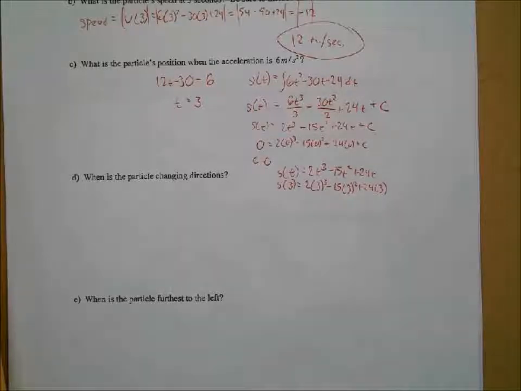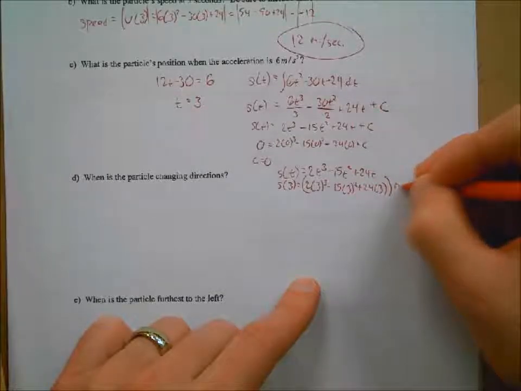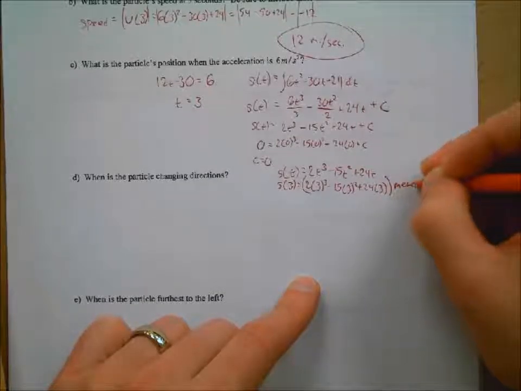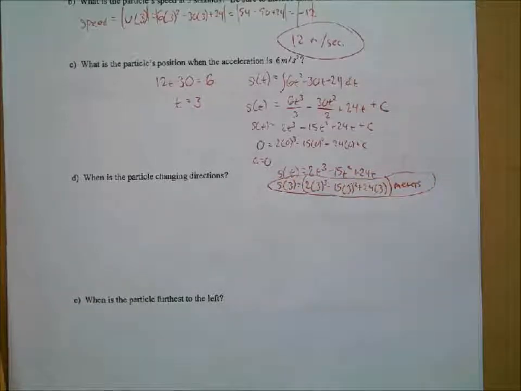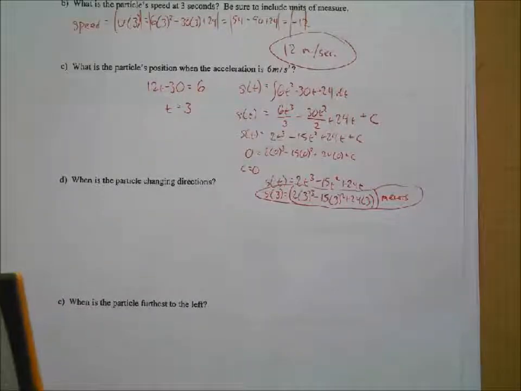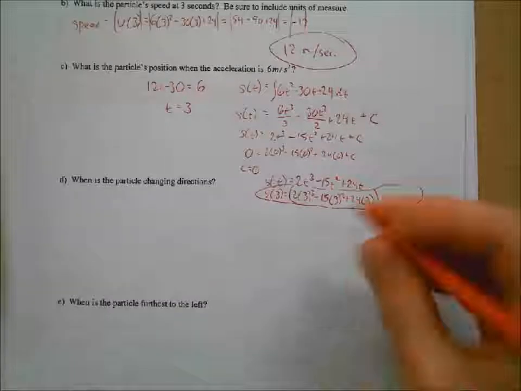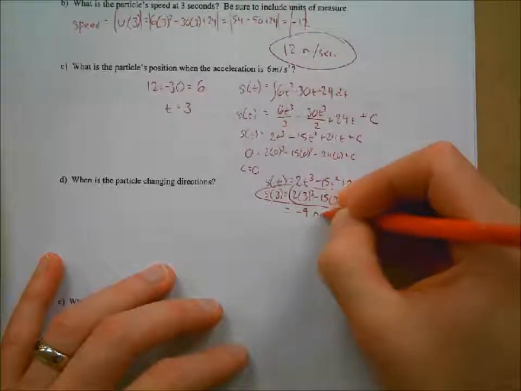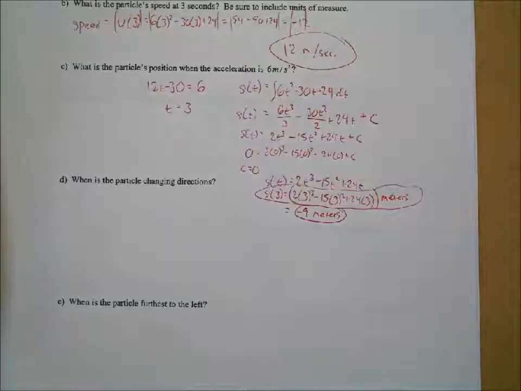No. The only thing I suggest is putting parentheses around the whole quantity and saying meters. Make sure you give it units. It's not necessary to solve there. But I think negative 9 is what you get. I just typed that in the calculator for the sake of speed. But again, if it's just arithmetic, you may stop and say that many meters.